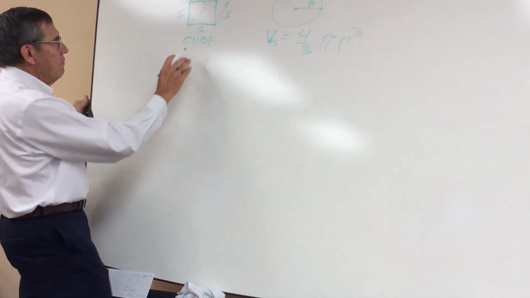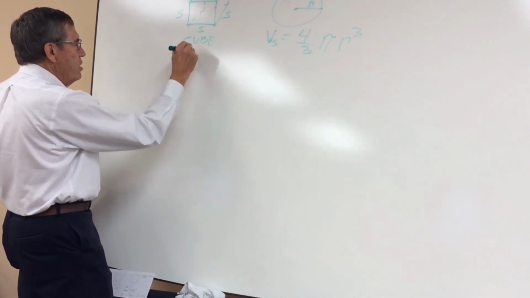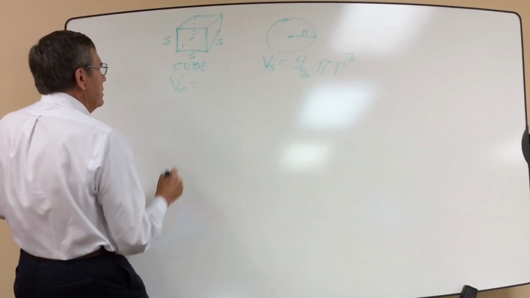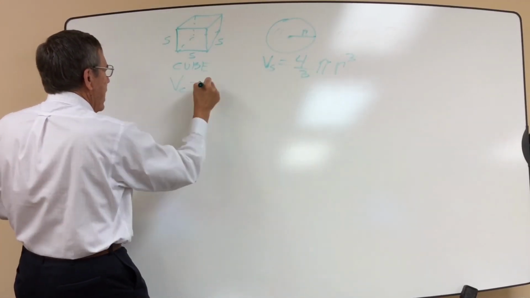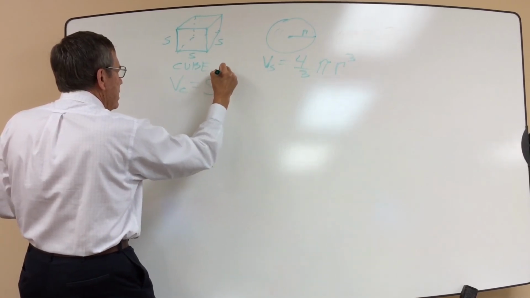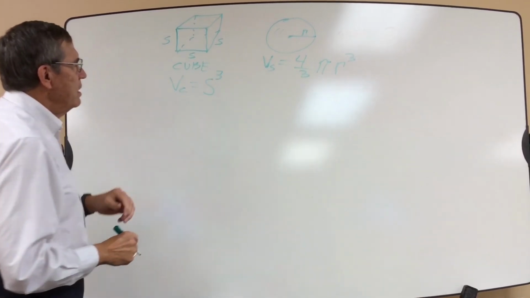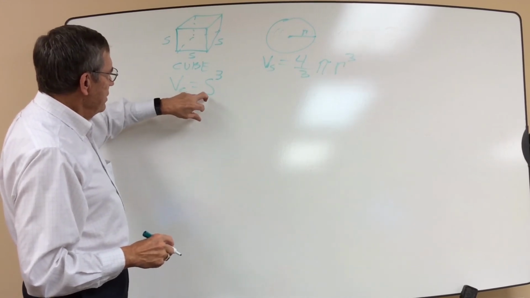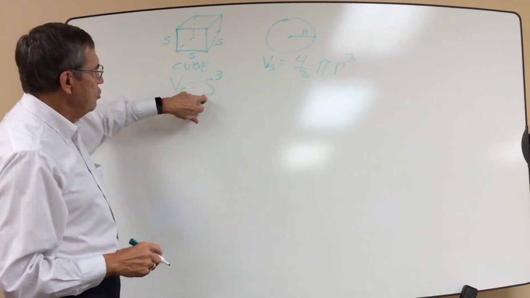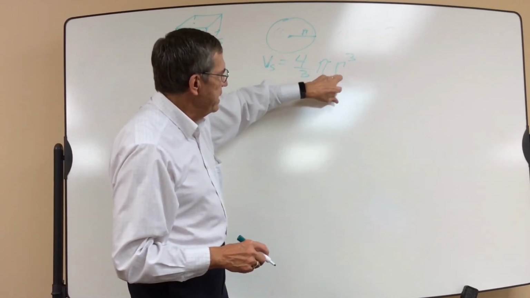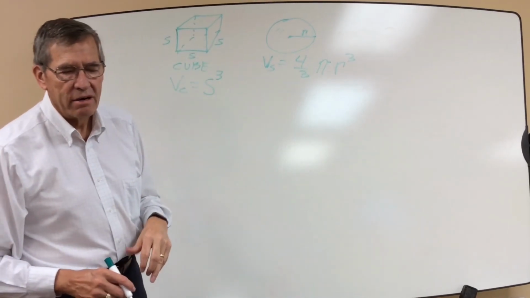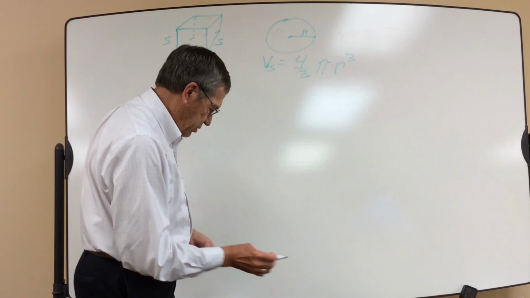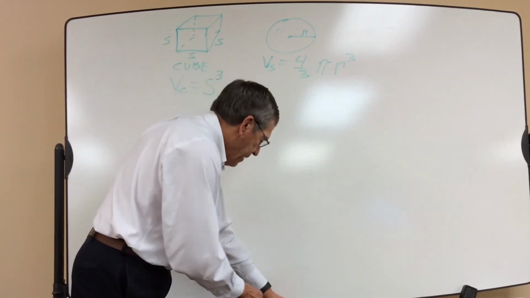Now, the volume of a cube is side times side times side, so that would be side cubed. So the question now is, we have dimensions of the side for the cube, and dimensions of the radius for the sphere. So somehow we have to get those two to match up.